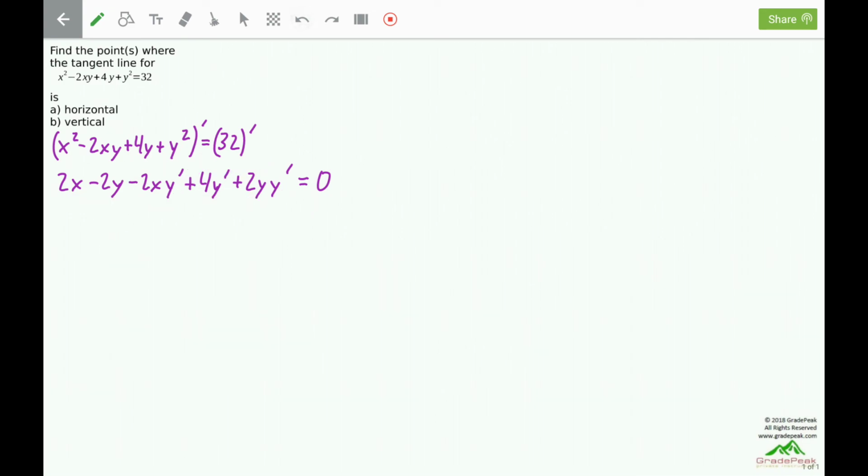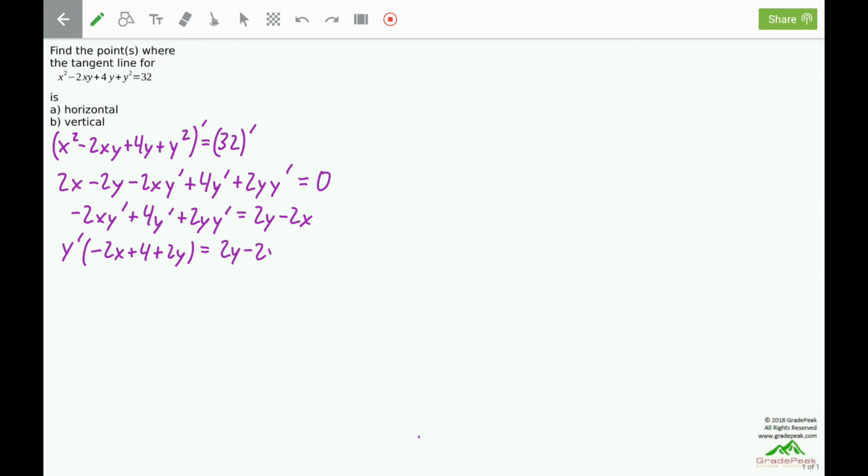That will leave us with negative 2x y prime plus 4y prime plus 2y y prime equals, I'm going to add the 2y over and subtract the 2x over. I can now factor a y prime out on the left side, leaving a negative 2x plus 4 plus 2y.